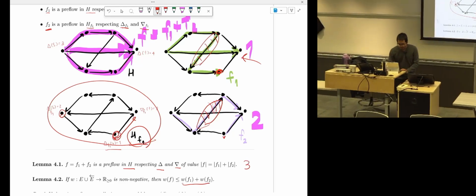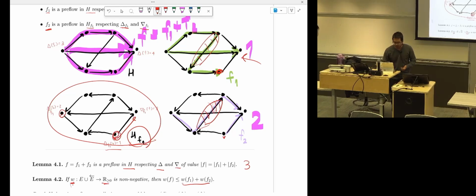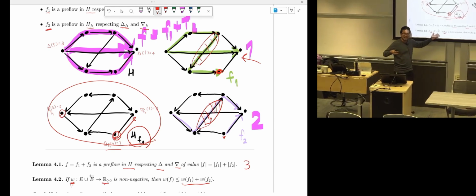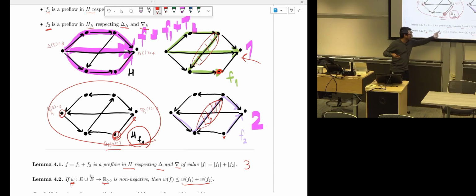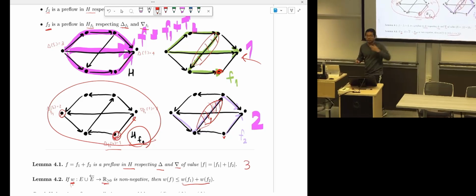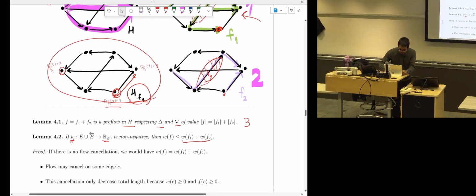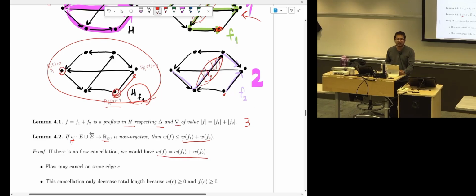So when it cancels, it will reduce the flow value, but on that edge, the length of this flow is positive too. So when the flow cancels, it reduces the weight on that edge by something non-negative. So it only decreases the total weight. So if there is no cancellation, you get this.